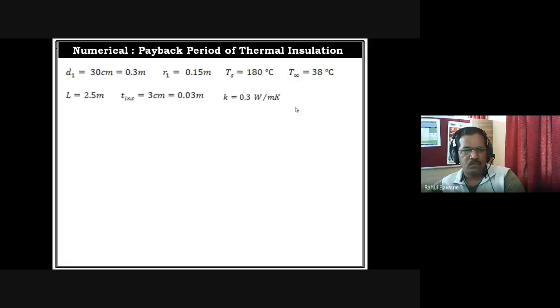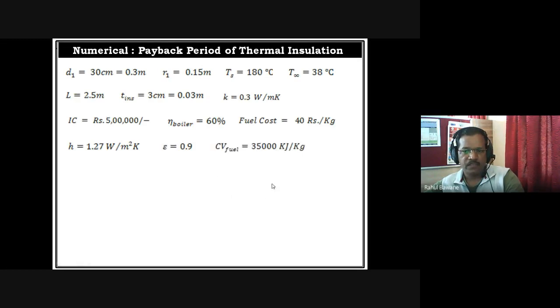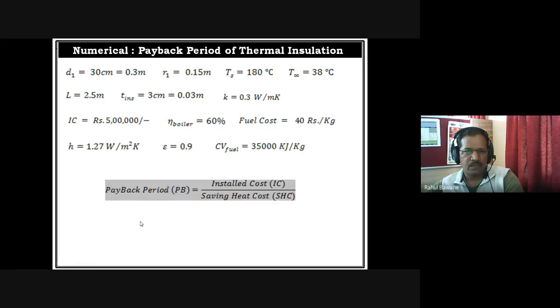Thermal conductivity of insulating material 0.3. Total installation cost is 5 lakh. Boiler efficiency 60%. Fuel cost rupees 40 per kg. Convective coefficient of surrounding air is 1.27. Emissivity 0.9. Calorific value of fuel 35,000 kilojoule per kg, and we have to calculate the payback period.